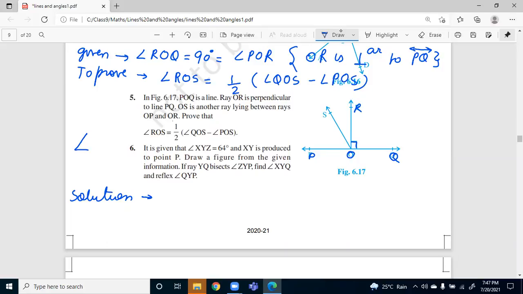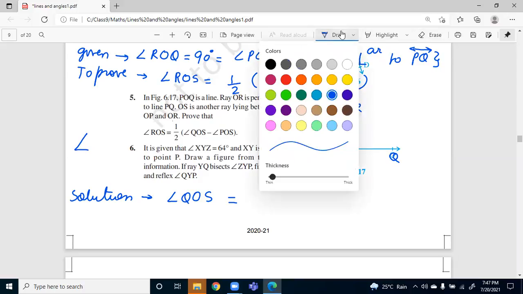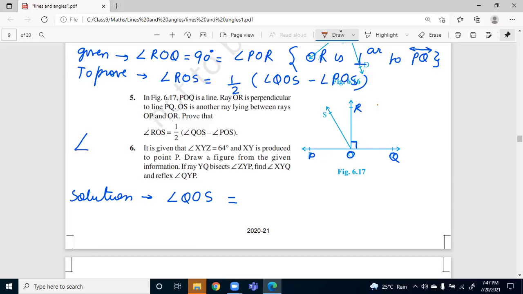So whatever is in the right hand side, that is angle QOS. So I will be finding angle QOS. Which is angle QOS? This is QO and this is S. So it is made up of two angles.